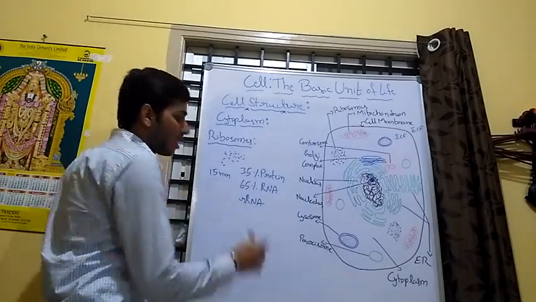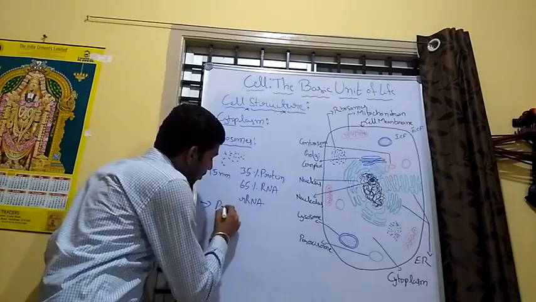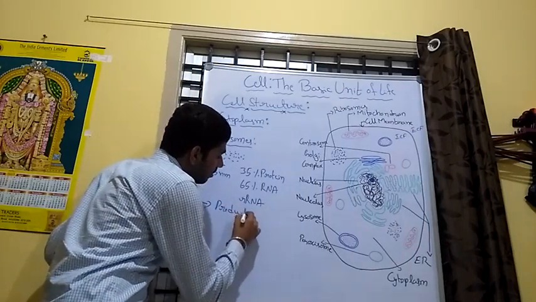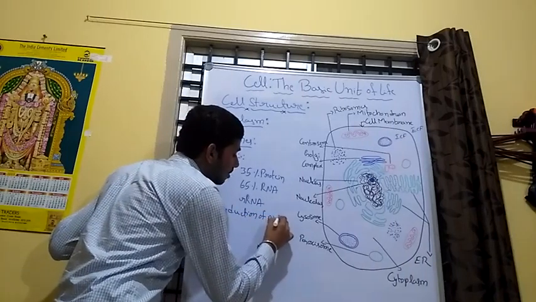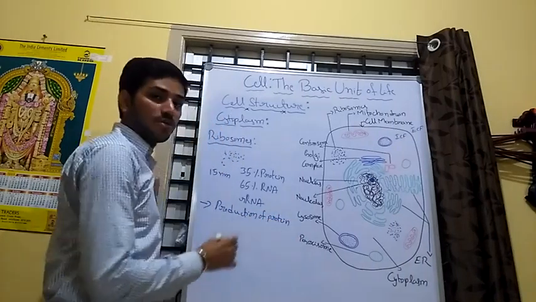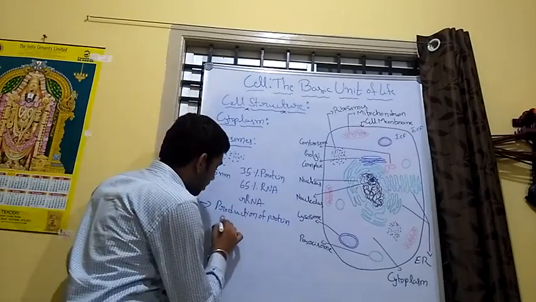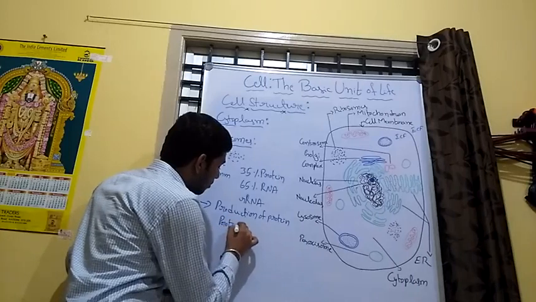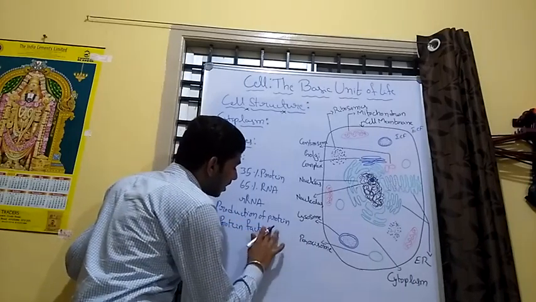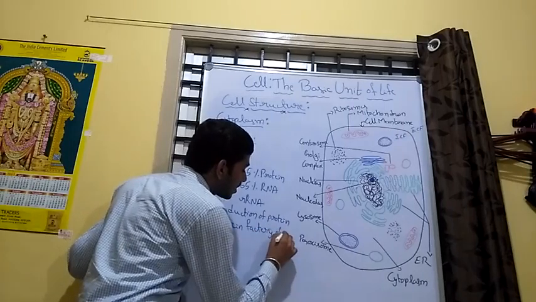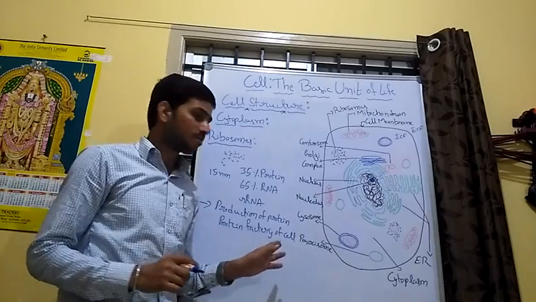The main function of the ribosome is the production of protein. That's why the ribosomes are called the protein factory of the cell.